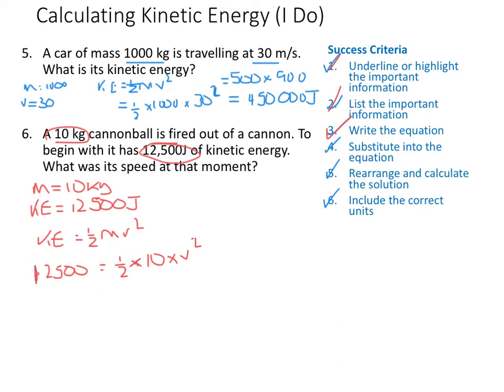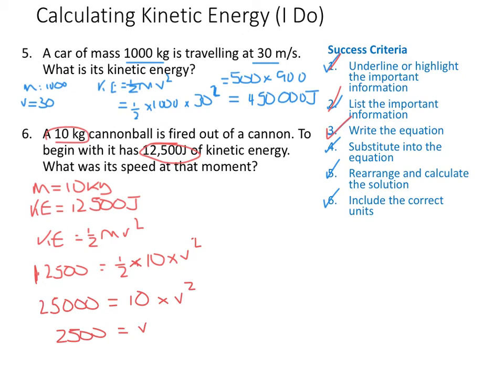How do I get that v squared on its own? The first thing I'm going to do is times both sides by 2. So 2 times 12,500 is going to give me 25,000. Times both sides by 2 gets rid of my half, so I get 10 times v squared. The next thing I need to do is divide by 10. So I now have 2,500 equals v squared.